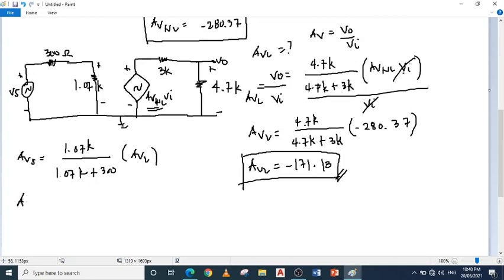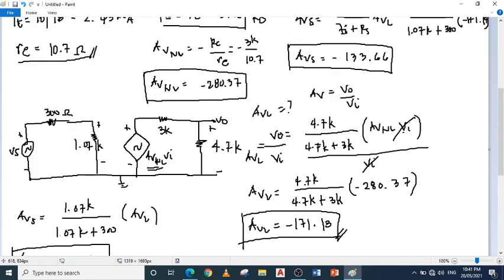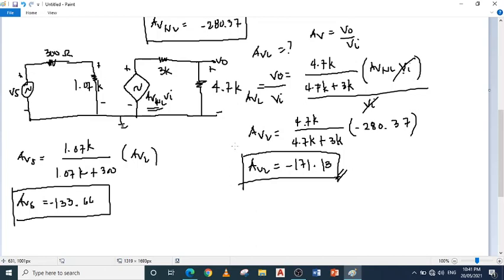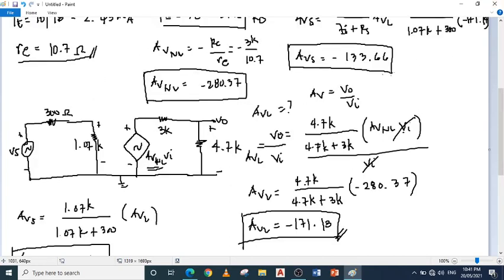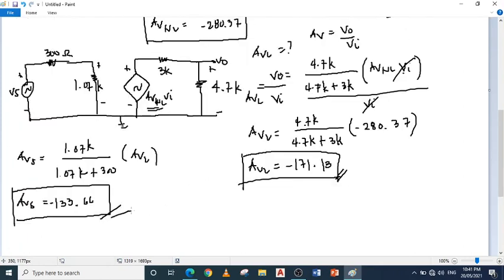So, ang AVS natin ang lalabas ay negative 133.66. Okay, is it the same doon sa nauna? 133.66. Okay, ito yung nauna using the parallel combination. Ito naman using two-port system.